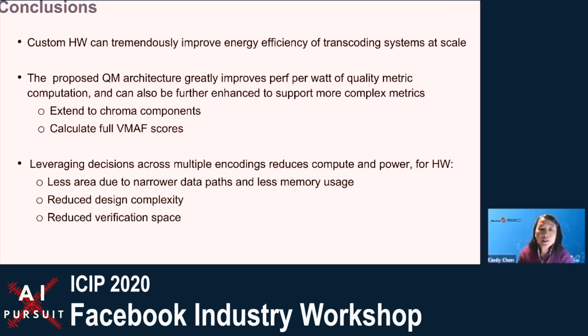Also, leveraging encoding decisions not only reduces the overall compute complexity, thus power, required in the transcoding system, due to the small data path width and less memory usage. This approach is especially beneficial for hardware implementation since it also reduces verification space and design complexity.